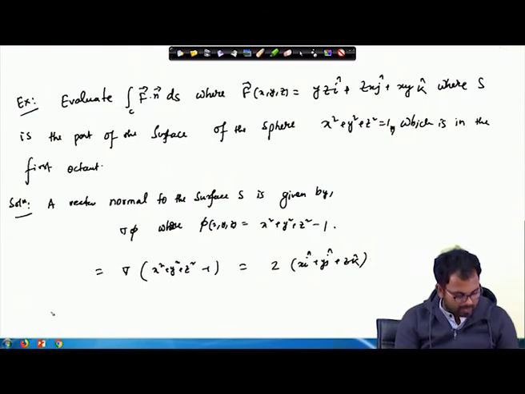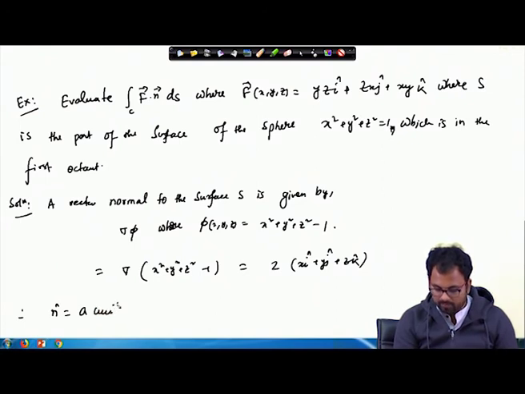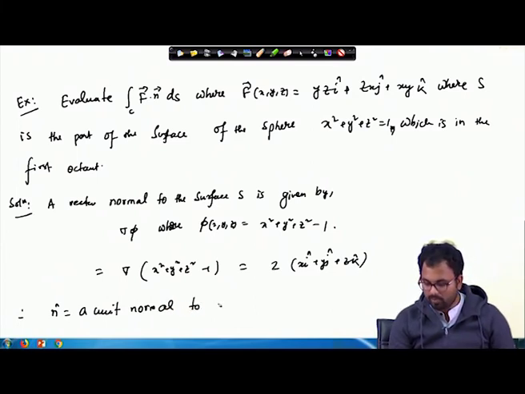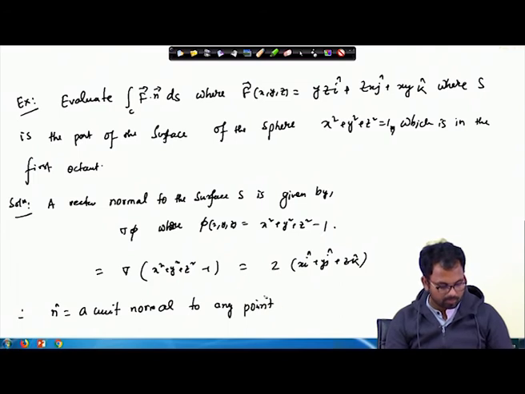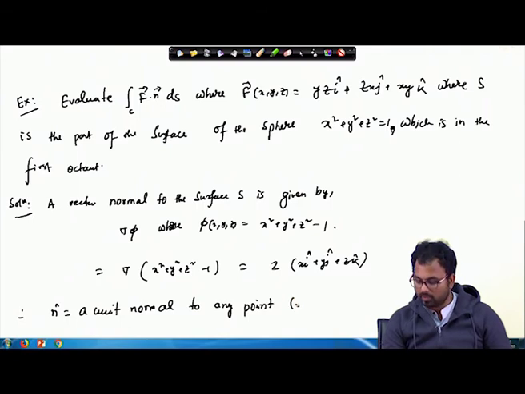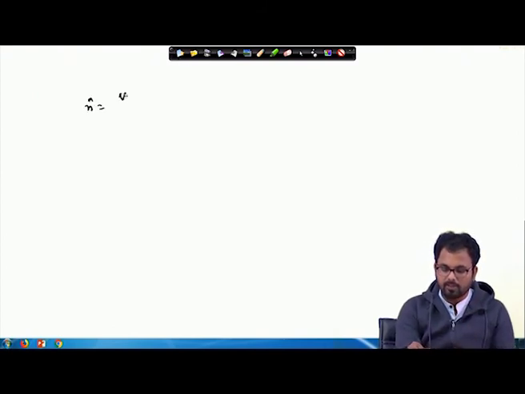To calculate n cap, a unit normal to any point x y z is basically n equals grad phi divided by the magnitude of grad phi.